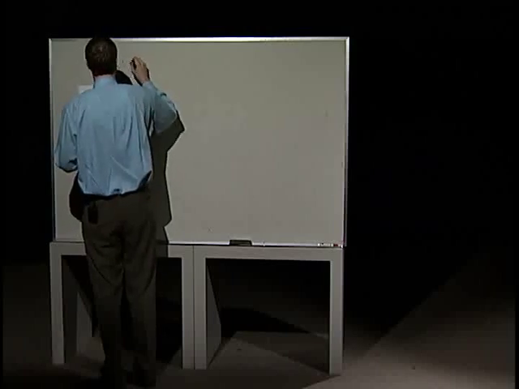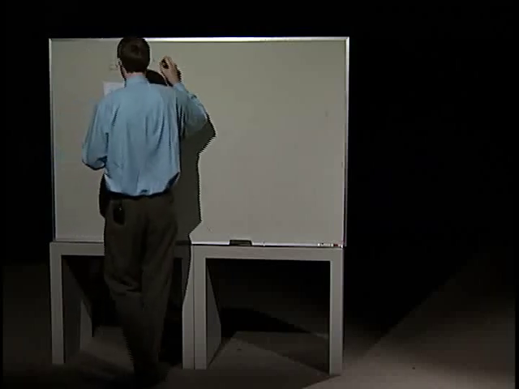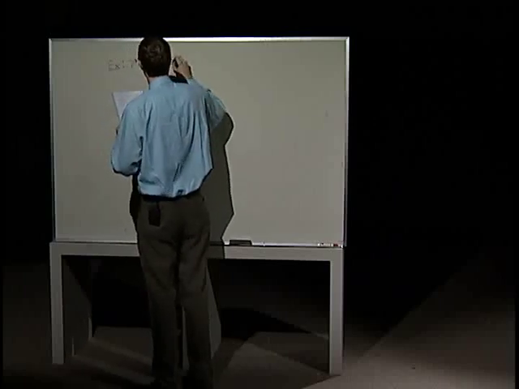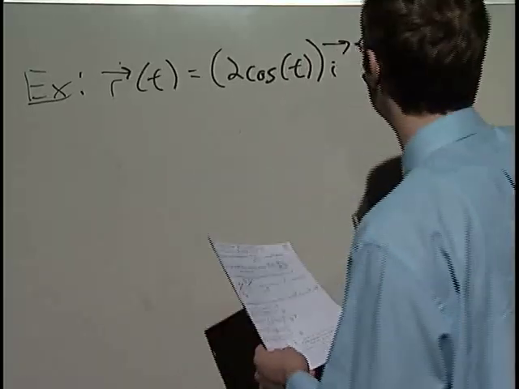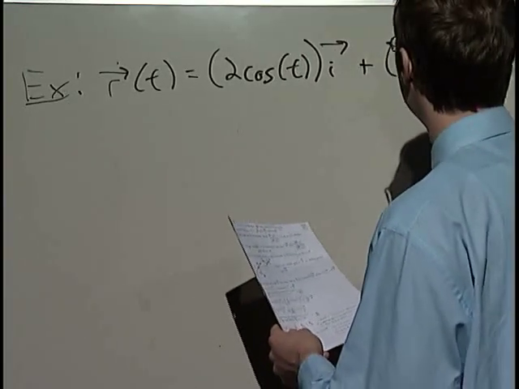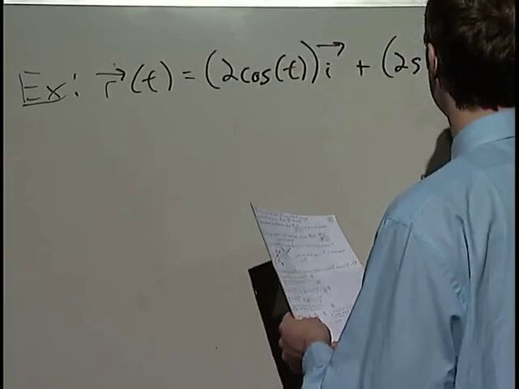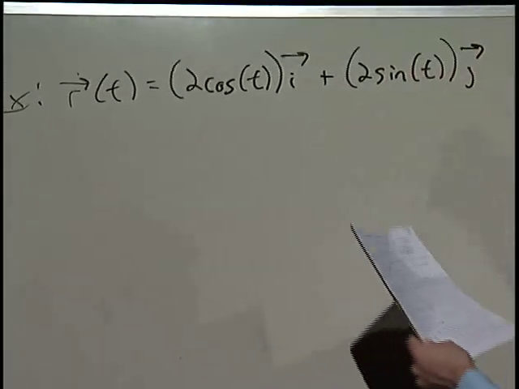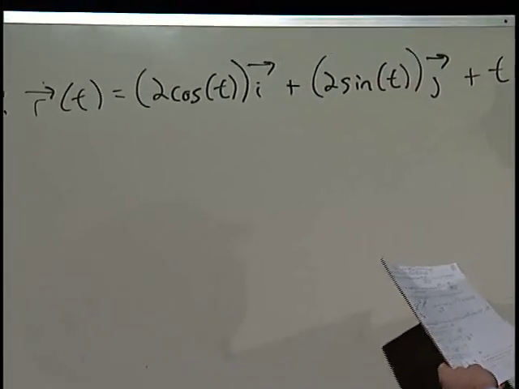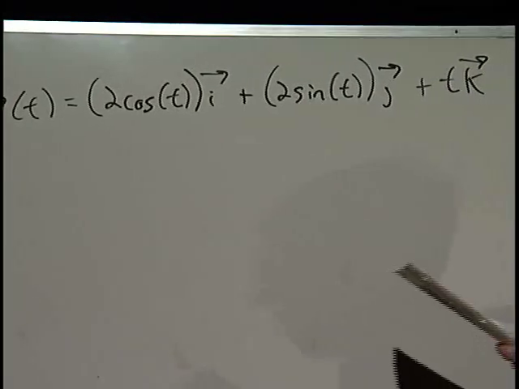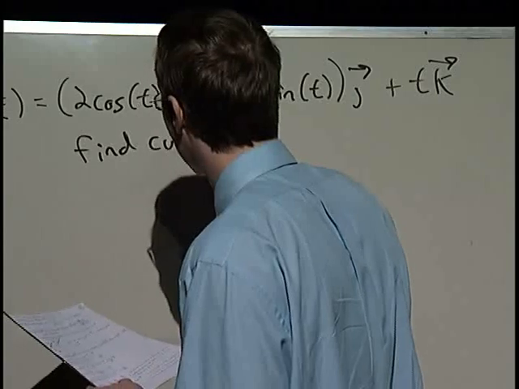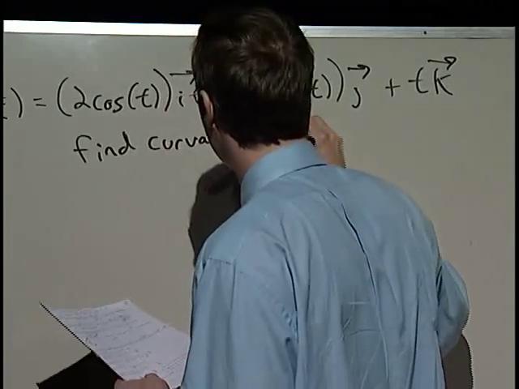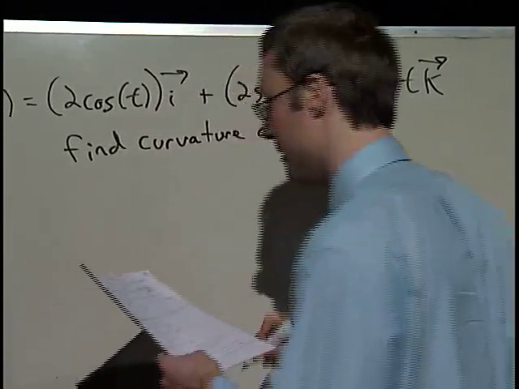Here's our old standby, the helical space curve: 2 cosine t i plus 2 sine t j plus t k. And I want to find curvature and unit normal vector N.